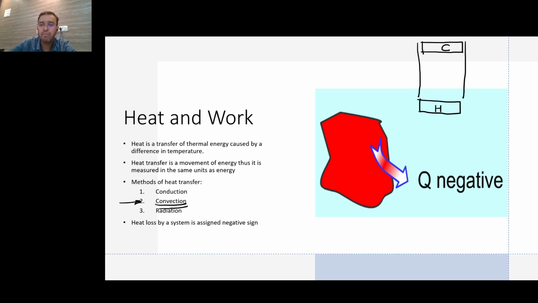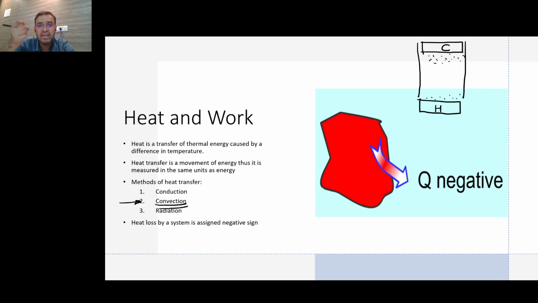Now what is going to happen is that the particles of the fluid are in contact with both the hot surface as well as the cold surface, and they are free to move between the entire system. The molecules which are in contact with the hot surface will invariably start gaining kinetic energy.